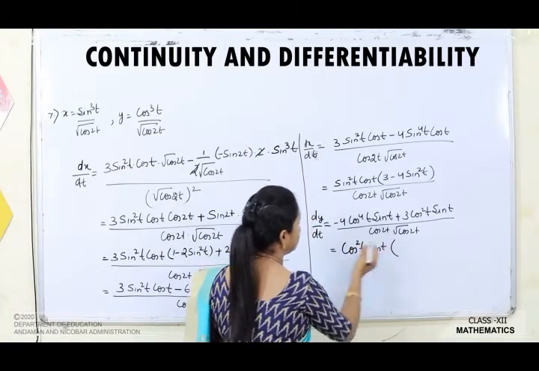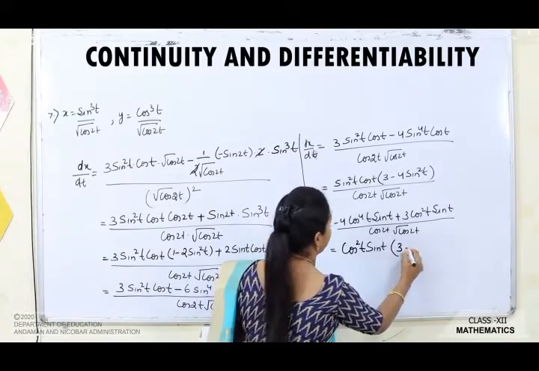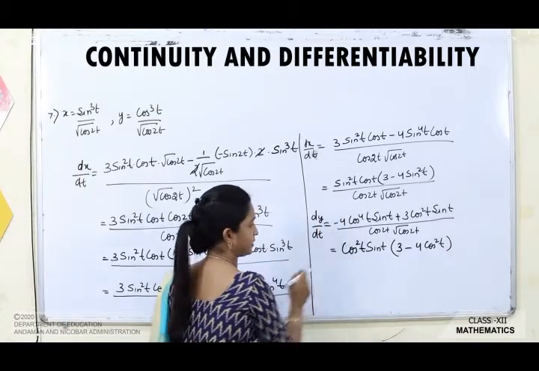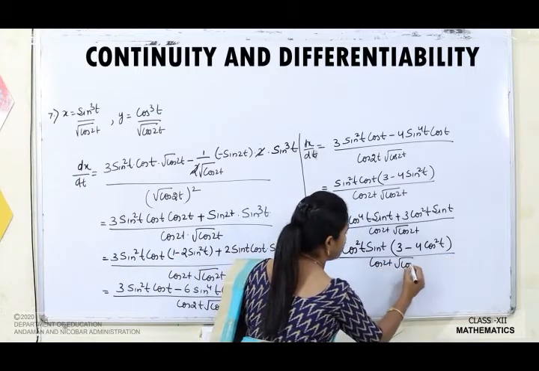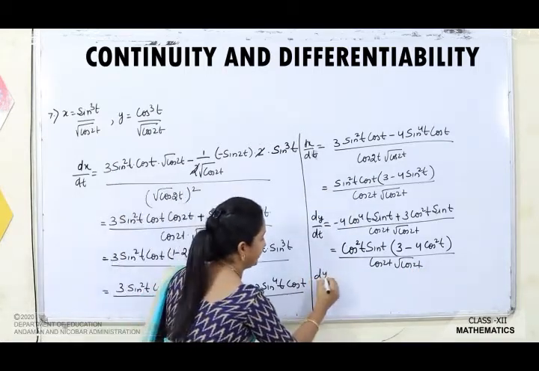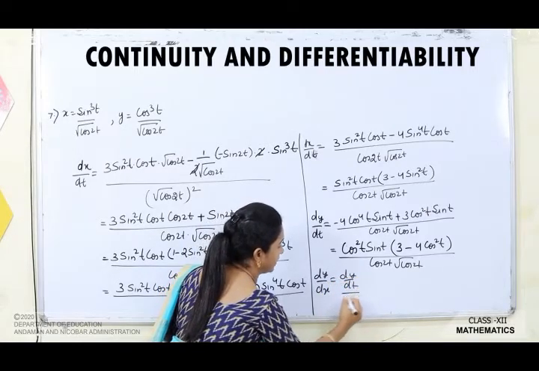When you take common, the plus 1 I will write down here first. So 3 minus 4 cos square t, you will get this here, okay, the whole divided by cos 2t root cos 2t, correct.